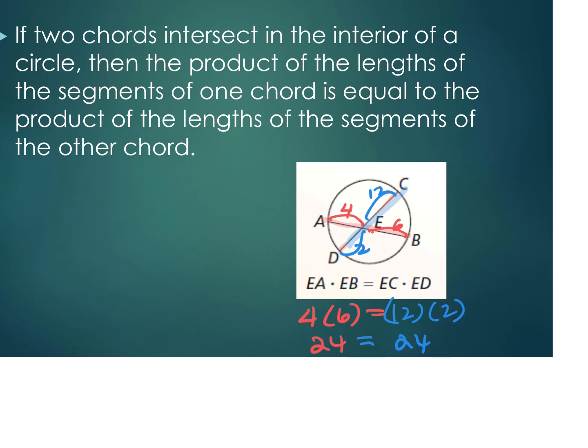Their products are equal. But if I go back and add the length of AB, 4 plus 6 is 10, and CD, 12 plus 2 is 14. So notice the lengths of the chords are not congruent, but their products are.